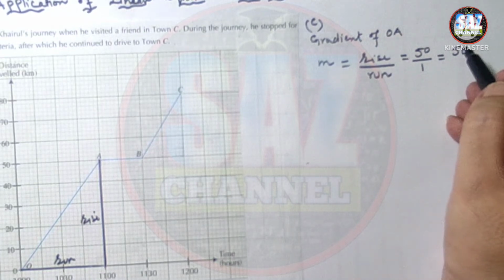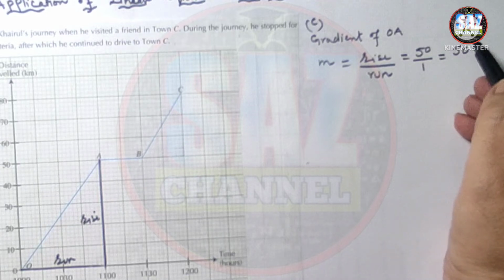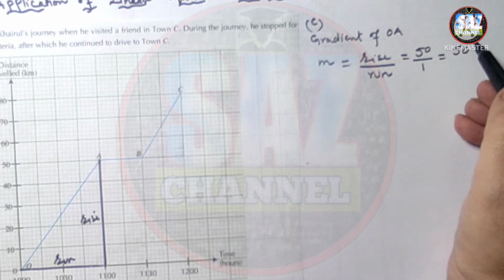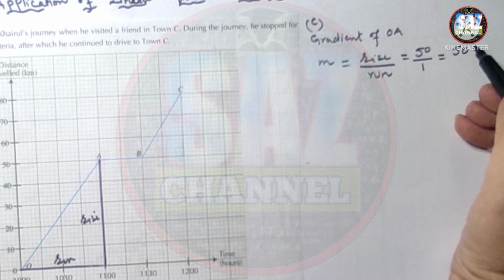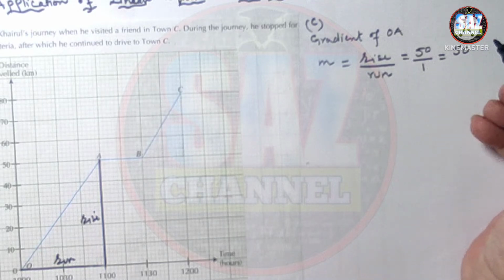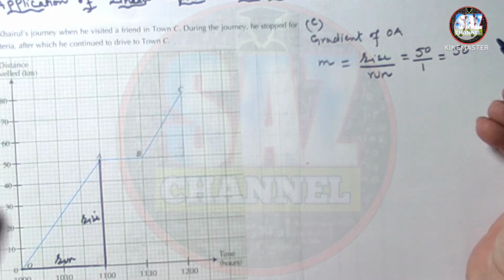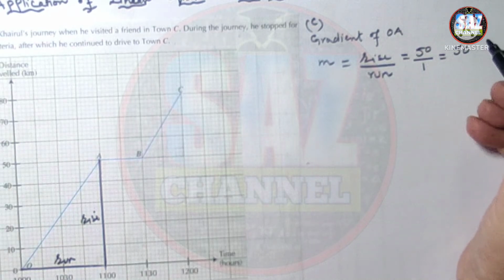Gradient is 50. And one more thing the question is asking, that we have to explain our answers as well. So you can see that this is the ratio of rise to run, and the graph is about the distance and time. So each gradient will be representing speed.